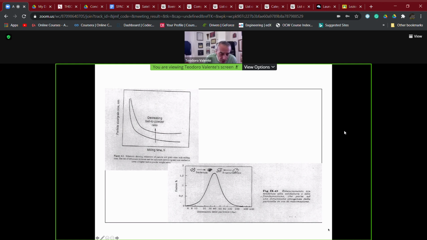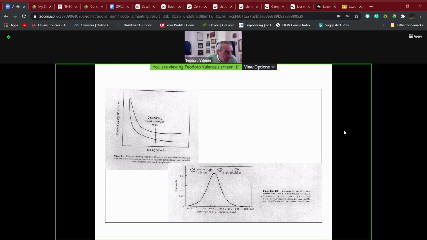When these two effects, which give opposite results, balance each other, we have reached the plateau of the milling time. And this is the reason why we have this kind of qualitative behavior in terms of reduction of particle size, referred obviously to the original particle size.